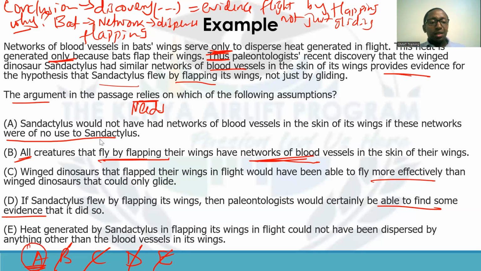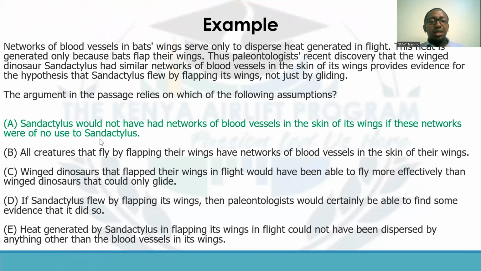And so our answer is A. The thing with this example is that negation is quite difficult. Say you haven't really understood what the answer choice is saying, and then you try to negate option A. Sandactylus would not have had networks of blood vessels in the skin of its wings if these networks were of no use.